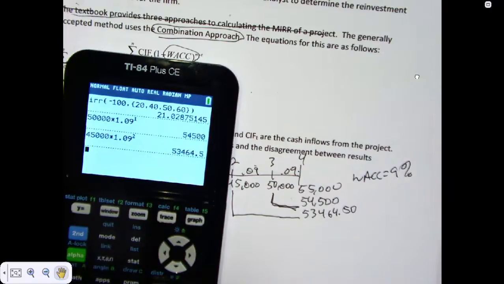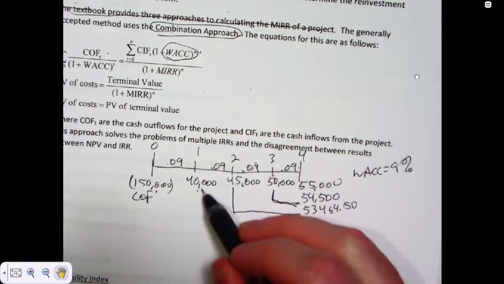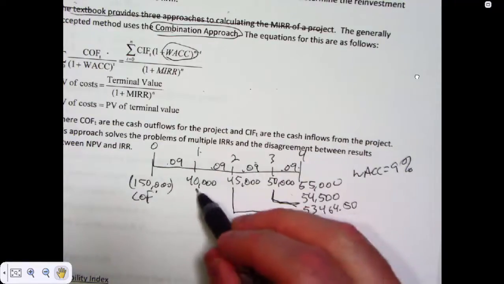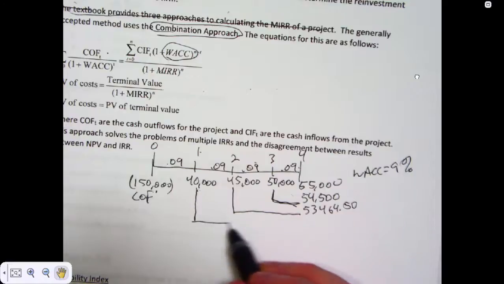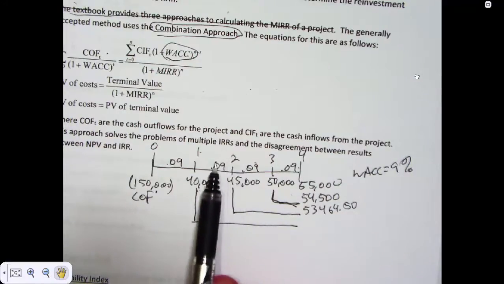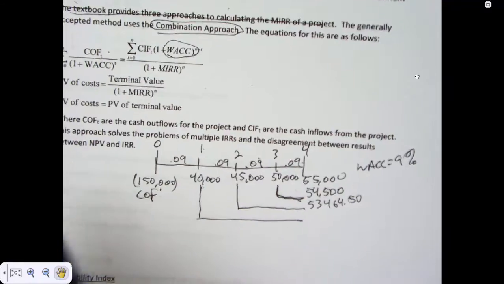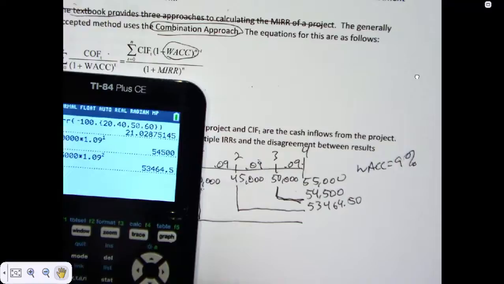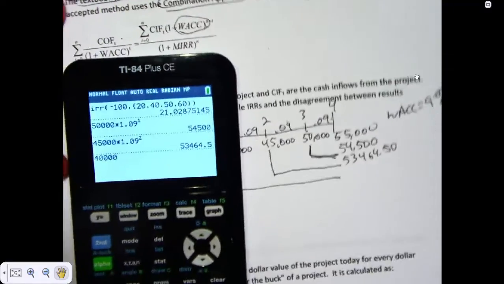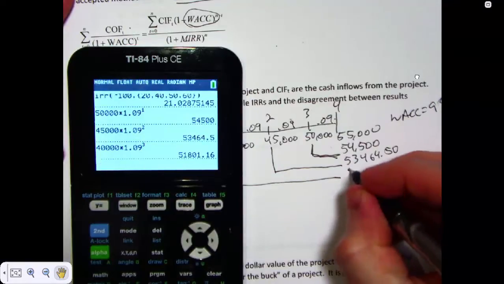And then I have my first cash flow that happened at year 1. And then I'm going to reinvest this for 3 time periods, 1, 2, 3, at 9%. So I get 51,801.16.